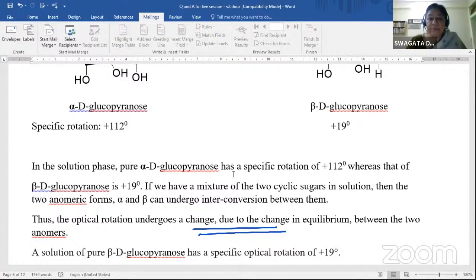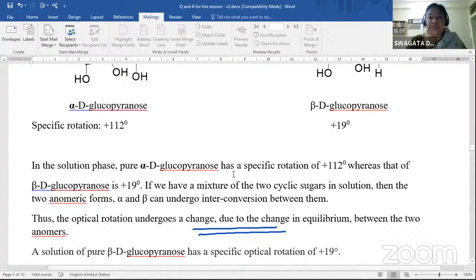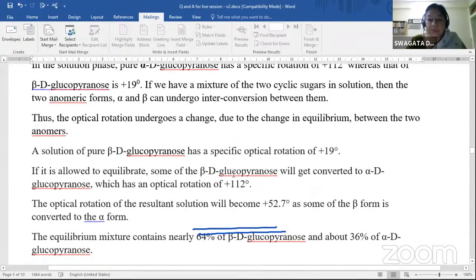As a result, the optical rotation undergoes a change, and there is a change in the equilibrium mixture concentration of alpha-glucopyranose and beta-glucopyranose. If we do not have a pure solution either of alpha or of beta, but a mixture of both, there is a change in the optical rotation, and this change results in what is called equilibration.